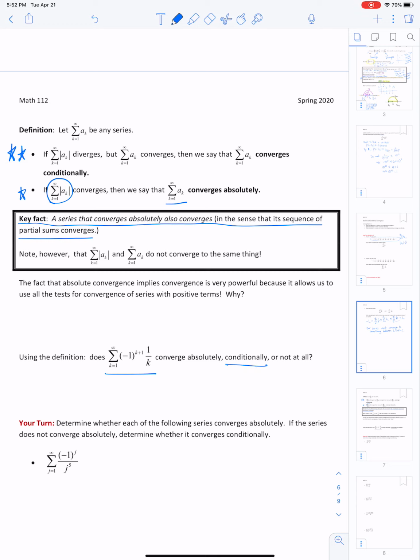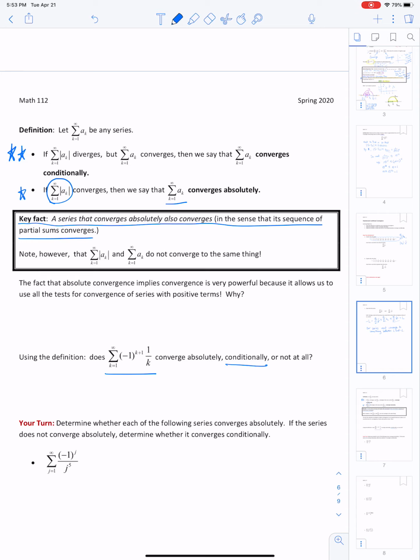But if we look at the absolute values, the series does not converge absolutely, because the series of absolute values of all the terms is just the harmonic series, which diverges.